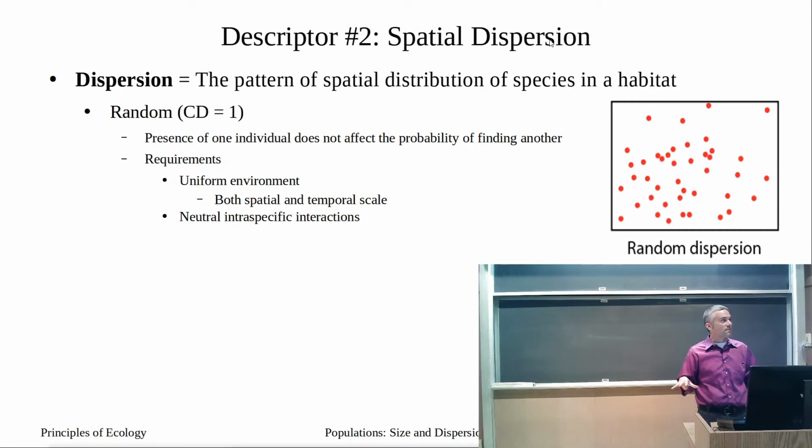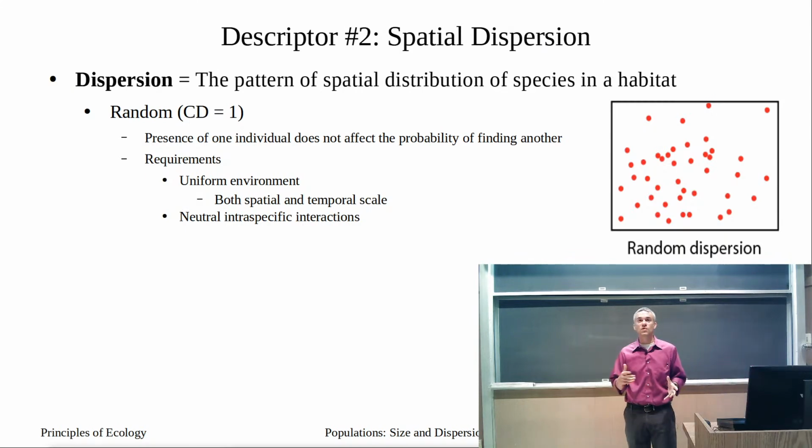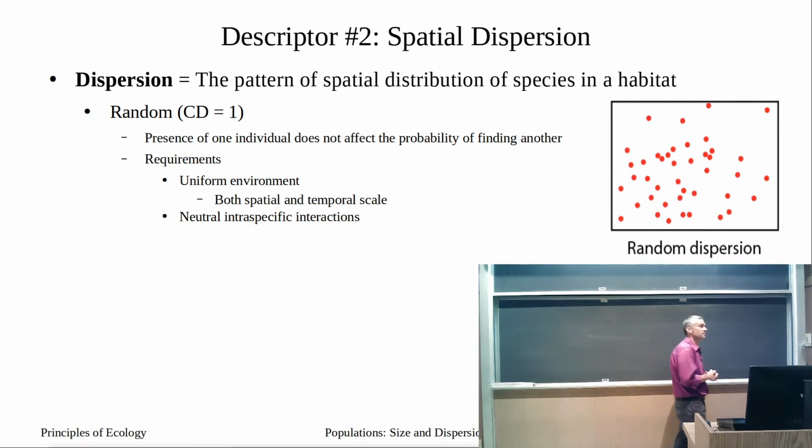We need a uniform environment, and this applies both spatially and temporally. So we can't have situations where the environment changes tomorrow, making certain areas of our habitat more favorable. We can't have that. We need a uniform environment so that our individuals can live everywhere in our landscape.